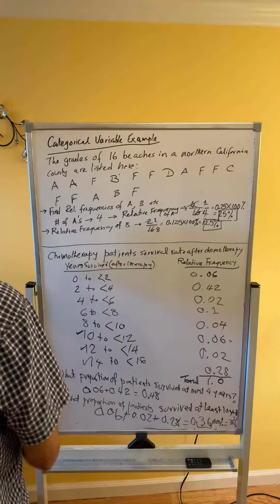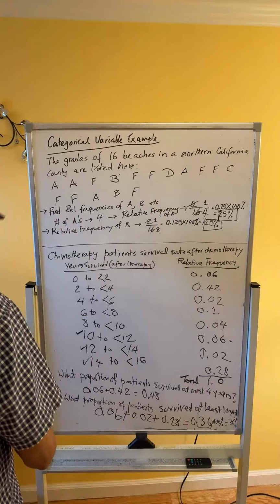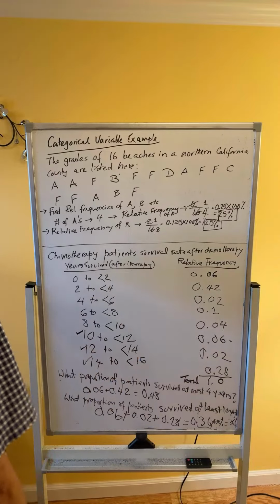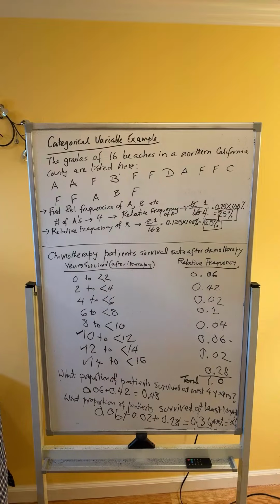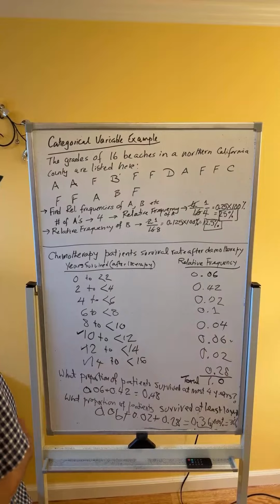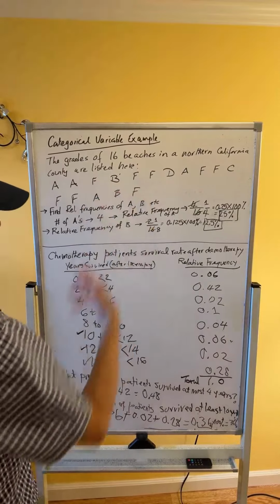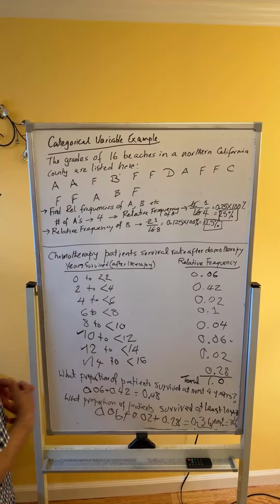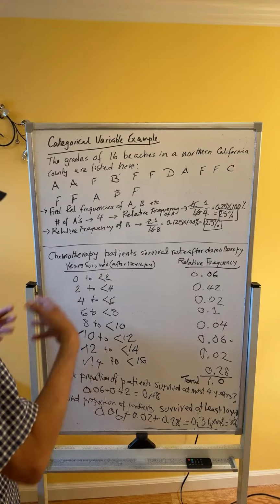So I'm going to call it quit at this point. What we have discussed is, on this side of the board, frequency distribution of categorical data, as well as frequency distribution, relative frequency distribution of numerical data.